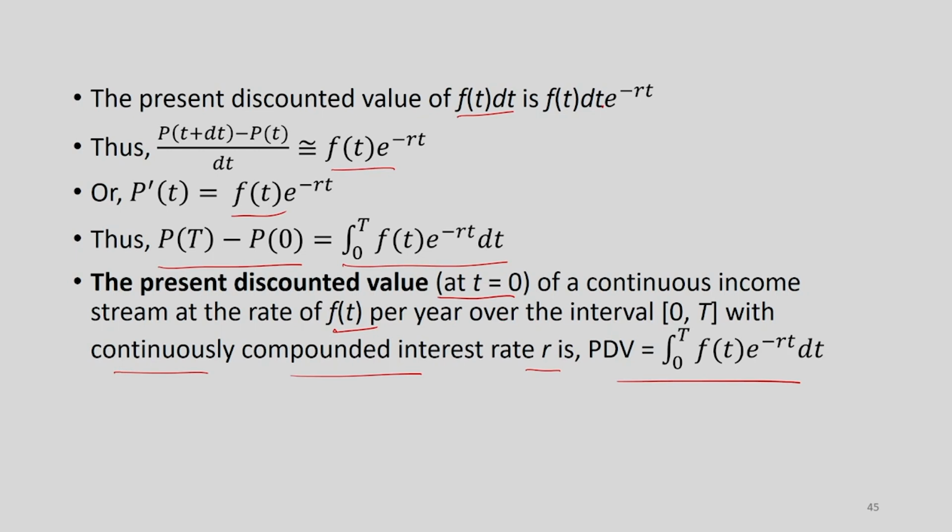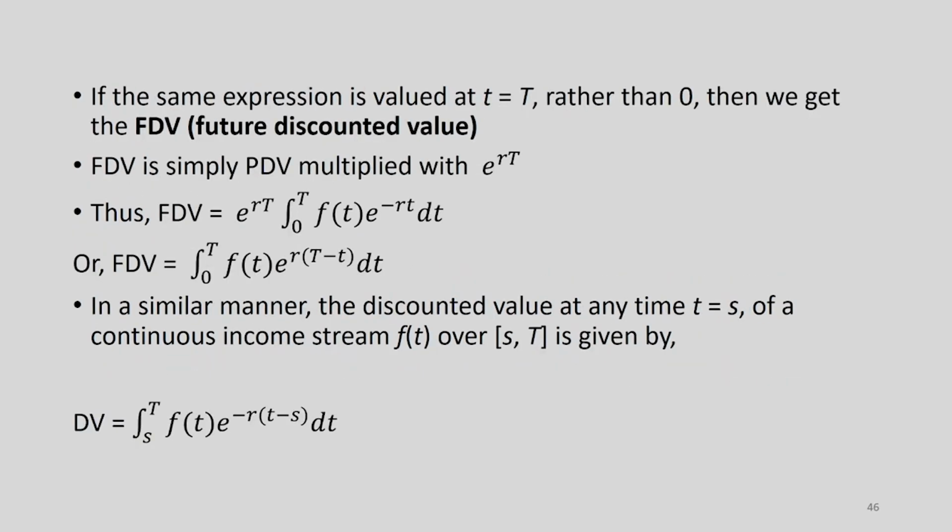Remember, we saw something similar in that exercise of investment that we have discussed just now. If the same expression is valued at small t equal to capital T rather than at 0, then we get the FDV, or the future discounted value.